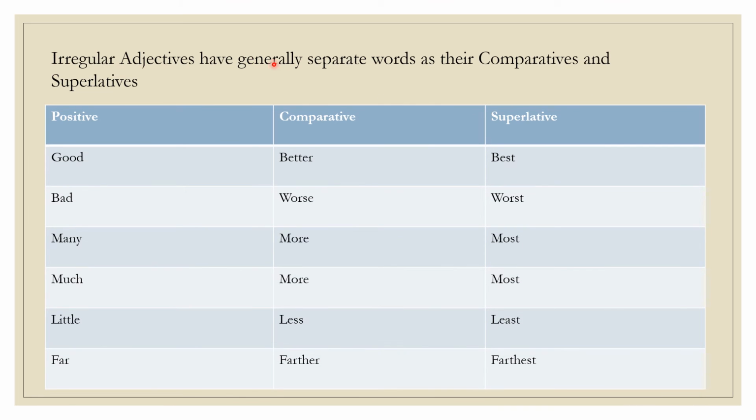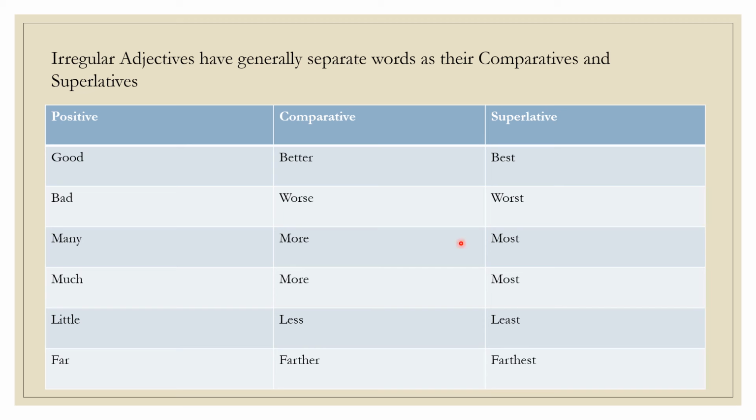Irregular adjectives have generally separate words as their comparatives and superlatives. Look at the following examples. Look at this table: positive, comparative, superlative. So these are certain irregular adjectives. In the positive, it is good. In the comparative, it becomes better. Superlative is best. Bad, worse, worst.